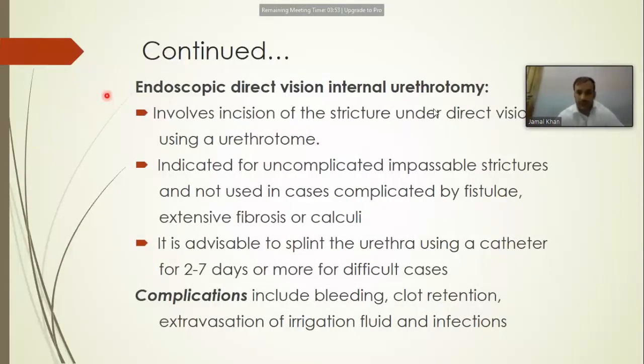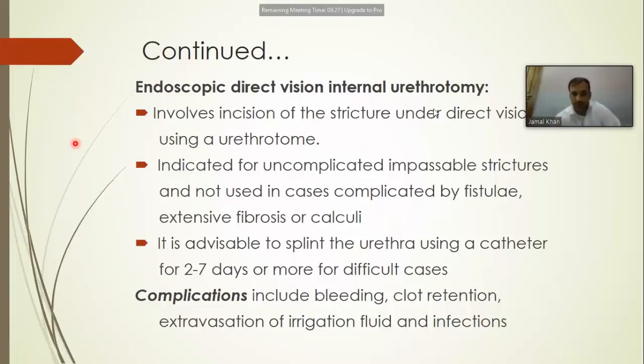Endoscopic direct vision internal urethrotomy involves incision of the stricture under direct vision using a urethrotome, indicated for uncomplicated impassable strictures and not used in cases complicated by fistula, extensive fibrosis, or calculus.